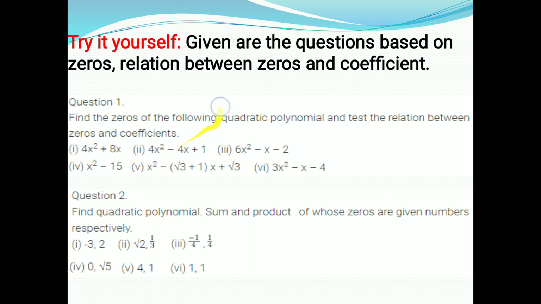If I put minus 2 in place of x, minus 2 squared is 4, and 4 into 4 becomes 16. Clear? And then plus 8 into minus 2 becomes minus 16. So 16 minus 16 equals 0, right? So we can say that minus 2 is a zero of the given polynomial.